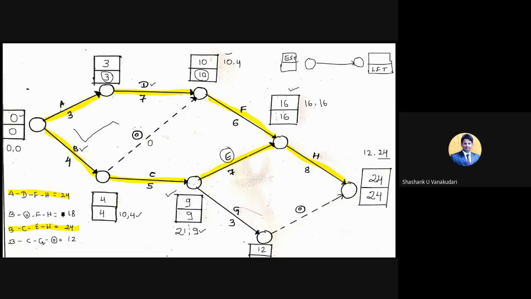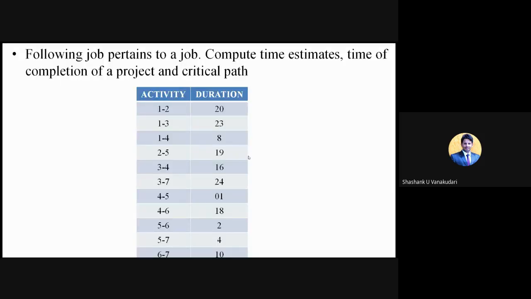Understood? So moving on to the next problem, displayed here. Just note down this and you can start solving this problem. If any queries, you can ask me. Just make it fast.